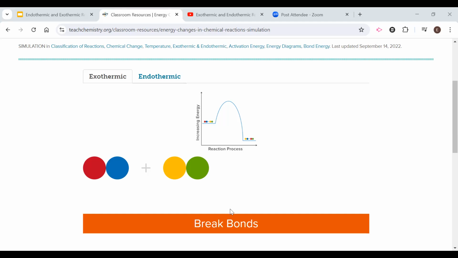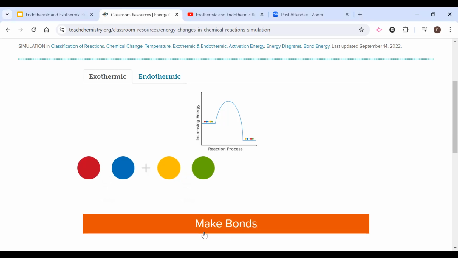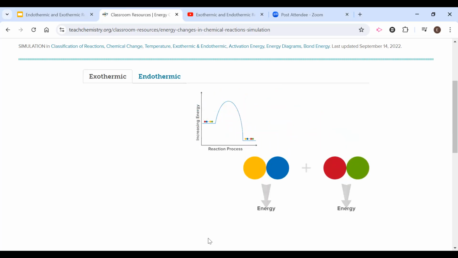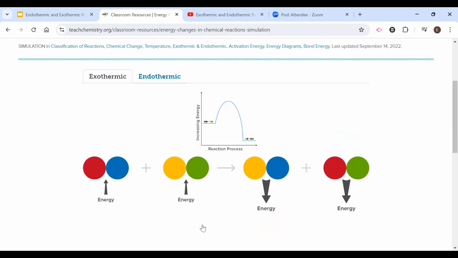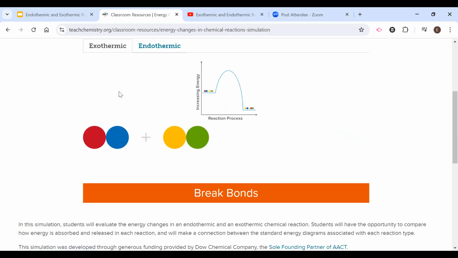Now, let's see this in action. I want you to take note of what is happening here. Exothermic. You see more energy released than the energy going in. So let's look at it again.